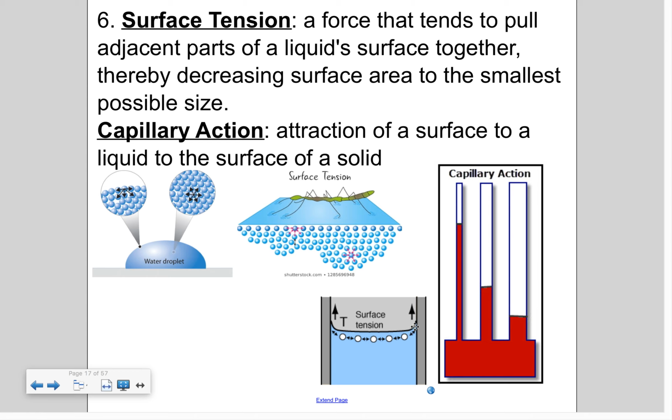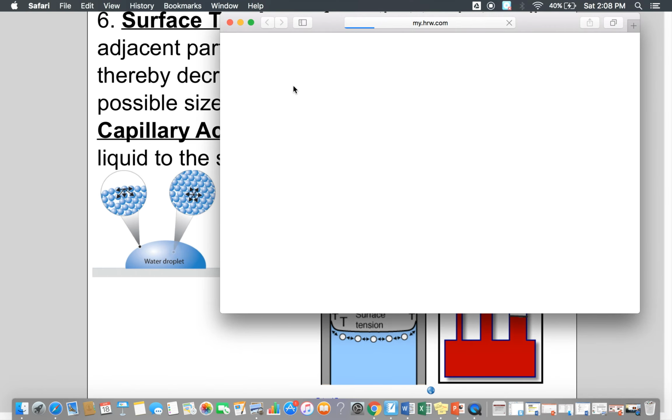You can see that it climbs up the side of this tube here, so we call this a meniscus. So surface tension and capillary action are occurring. The smaller in diameter your tube is, the more that liquid can actually climb up it, and this is how plants move water from their roots up to the tops of the plant.